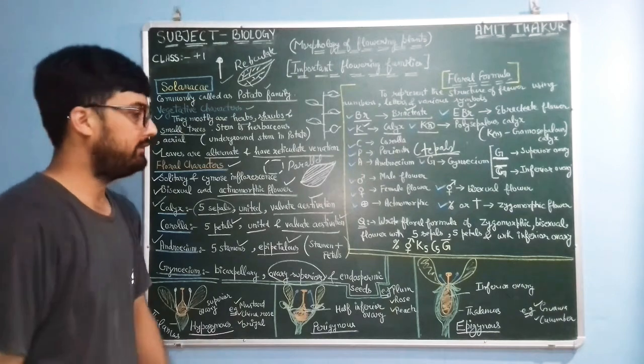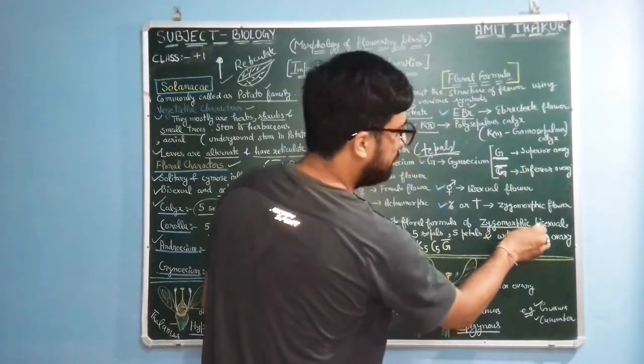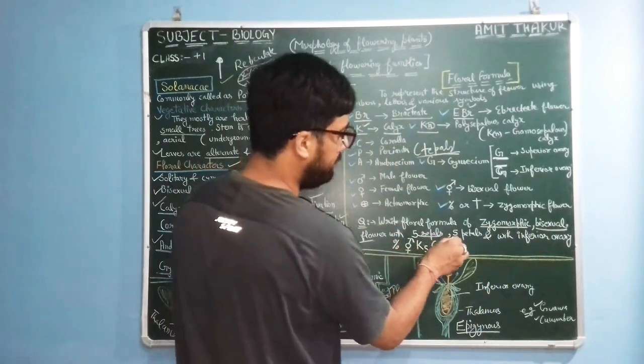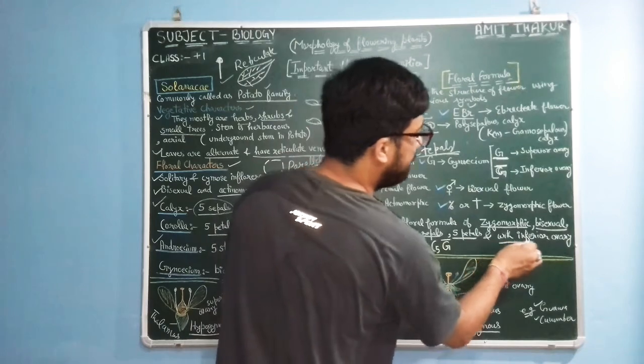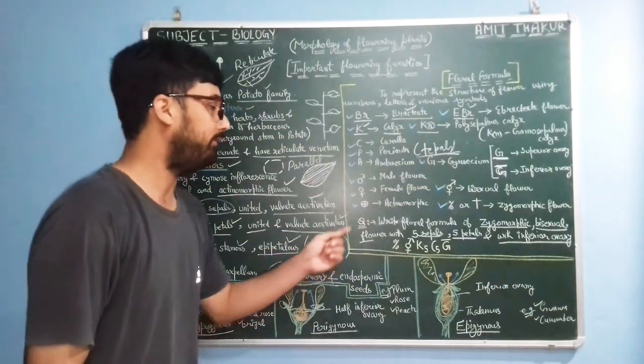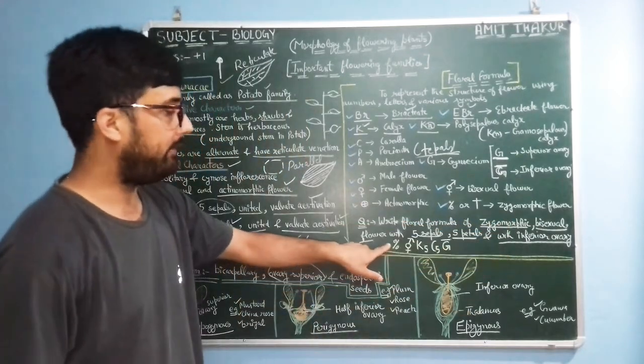Now, a question. Write the floral formula of a zygomorphic bisexual flower with 5 sepals, 5 petals, and with inferior ovary. So how do we write the floral formula for this question? Zygomorphic flower, the sign for zygomorphic.